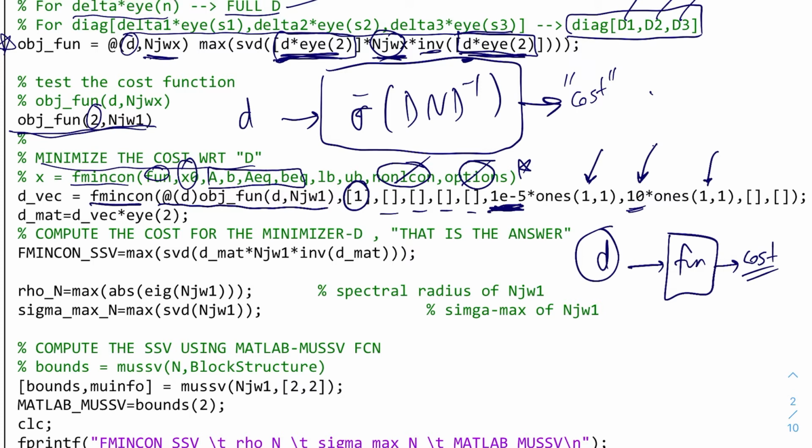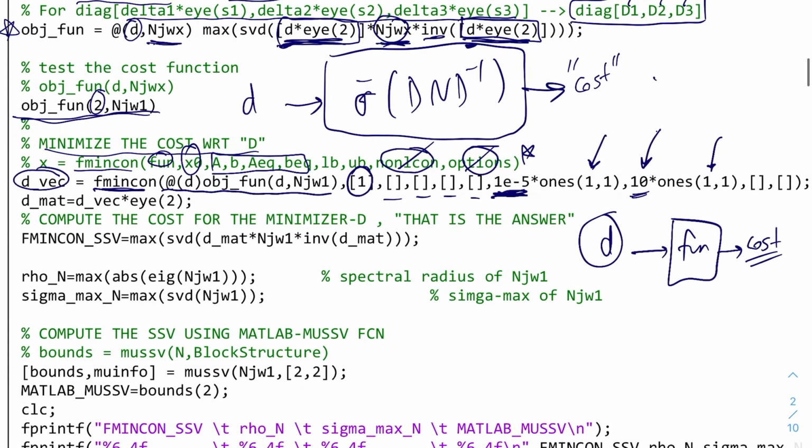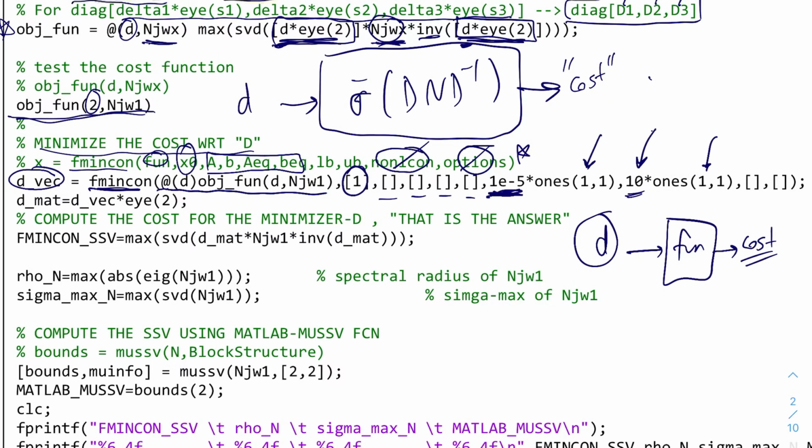Okay, after that fmincon will basically compute the D parameter, and I call it dvec. And since the structure is something like this, for a given delta, we will then compute the D matrix. dvec is the parameterization, and D matrix is really the matrix.